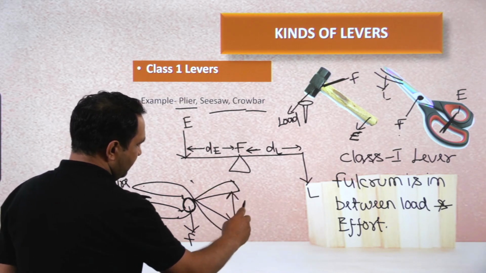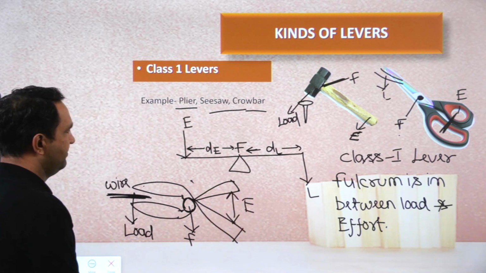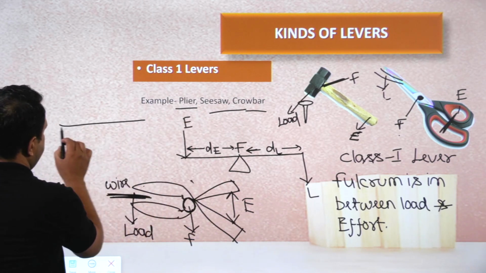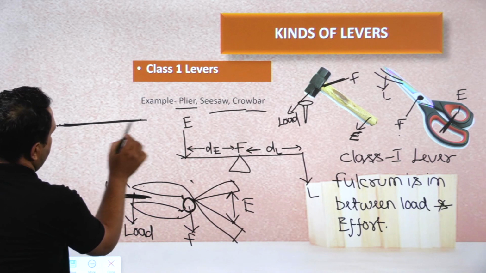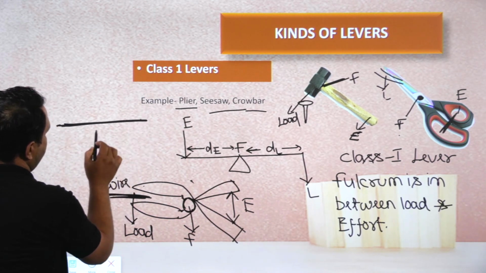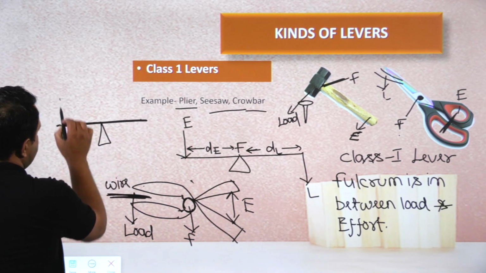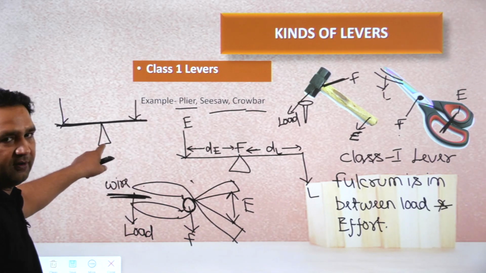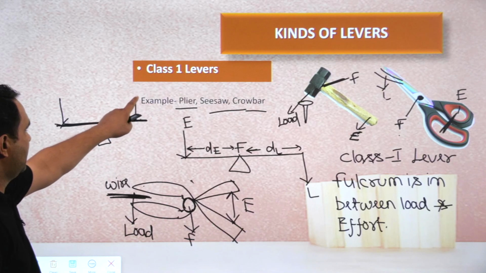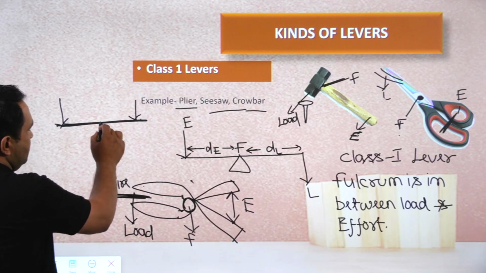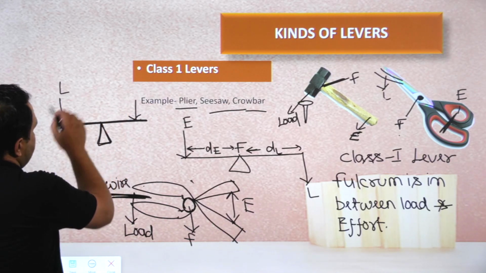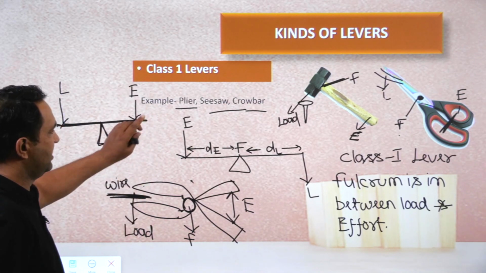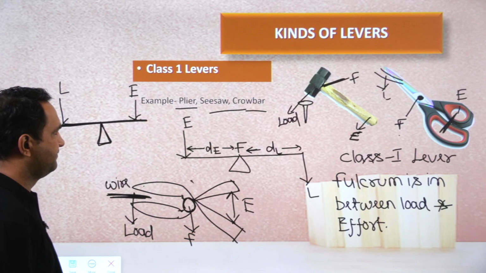This is another example. Seesaw: have you seen children playing in the park? There are seesaws. One child sits here, another sits here. So this is another example of a first class lever, because the fulcrum is in between. One side is load, another side is effort.